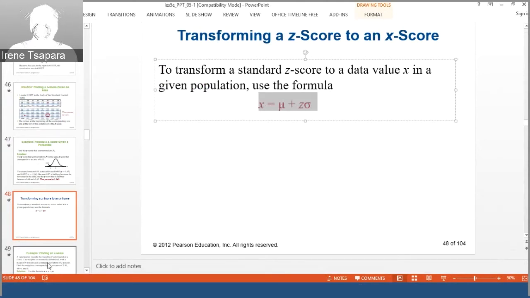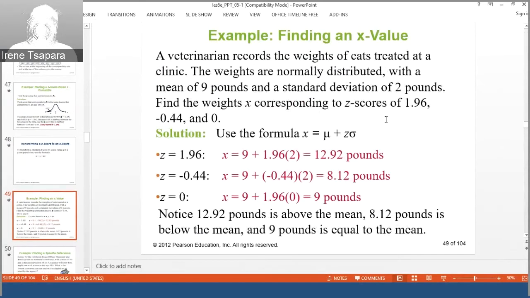So if I have a problem like this, a veterinarian records the weights of cats treated at the clinic. The weights are normally distributed with a mean of 9 pounds and a standard deviation of 2 pounds. So I have my distribution here, and this follows the normal distribution. Then we want to find the weights that correspond to z-scores of 1.96.